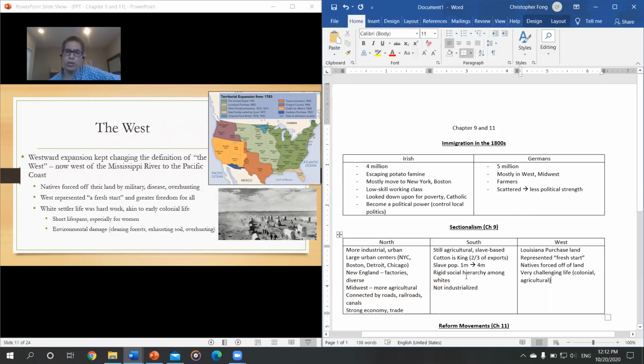So when we're talking about the different regions, the North is more industrial, more manufacturing. The South is more agricultural, and the West is kind of the frontier. And then remember, within the North, you have New England, which is those factories, manufacturing centers, and then the Midwest, which is more agricultural, but they're connected to that northern trade.